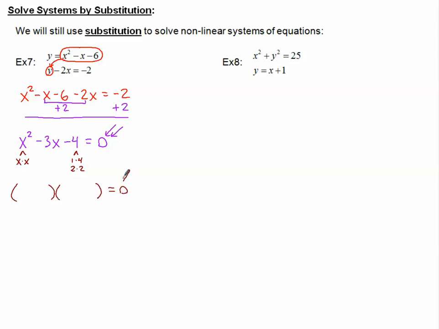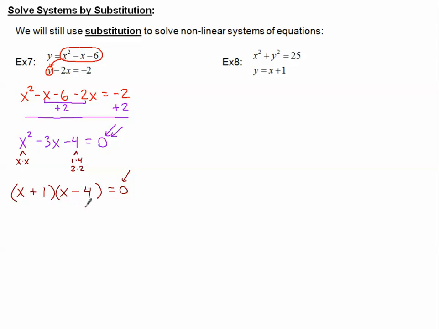Please do not forget that it's still equal to 0. So the x's go in the front, that's the only option there. I do know that I'm trying to get a negative 3, so the 1 and the 4 make sense. And I do know that my signs alternate. So one's positive, one's negative, and since I need a negative 3, I'll put the negative with the 4 and the positive with the 1, because 1 minus 4 becomes negative 3.